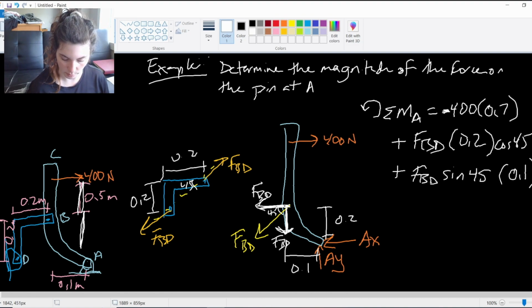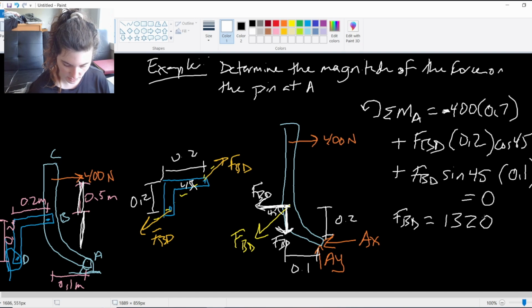And this is an equilibrium, so we set it equal to 0. Now we can plug into our calculator and solve for FBD. When I plug all of that in, I get FBD equals about 1,320 newtons. I rounded a little bit, but it's about 1320 newtons.